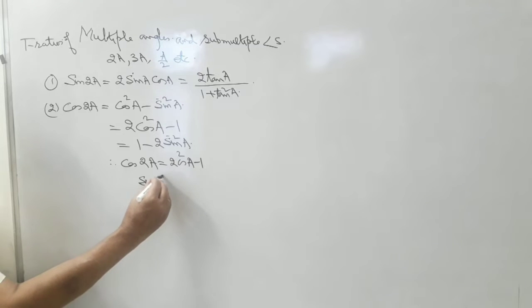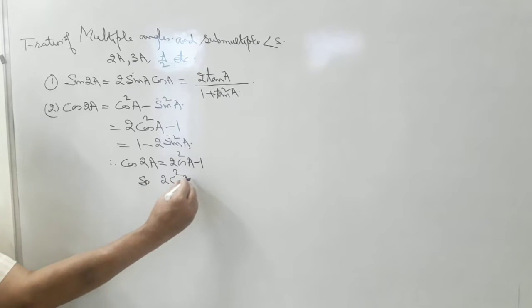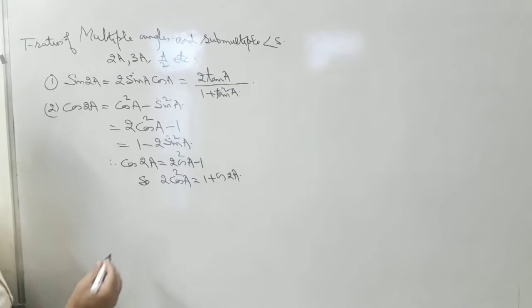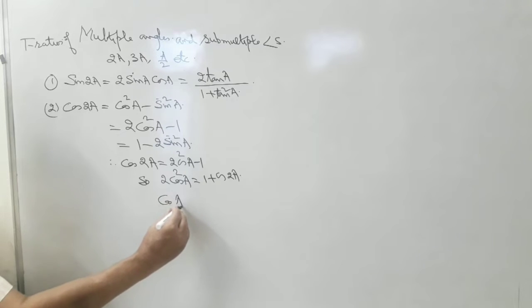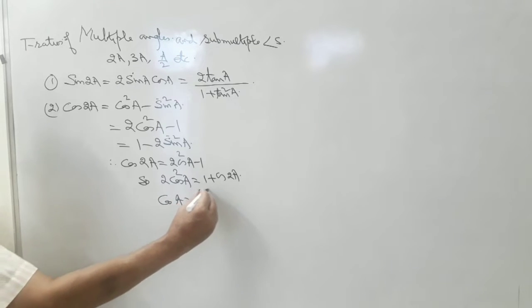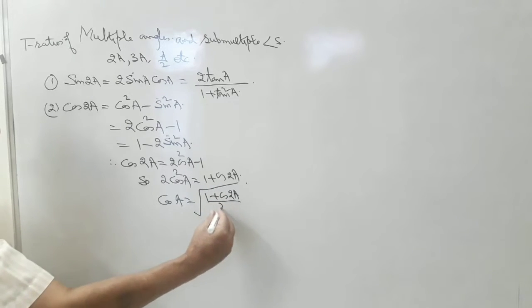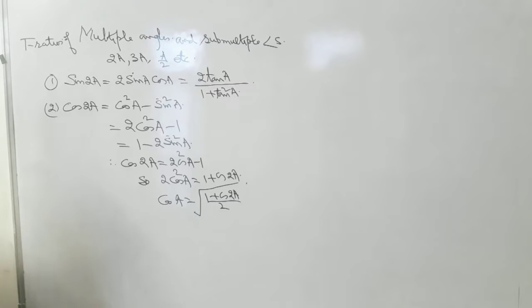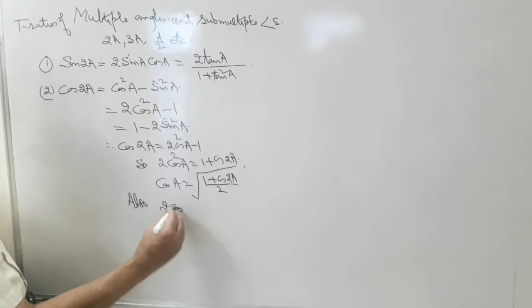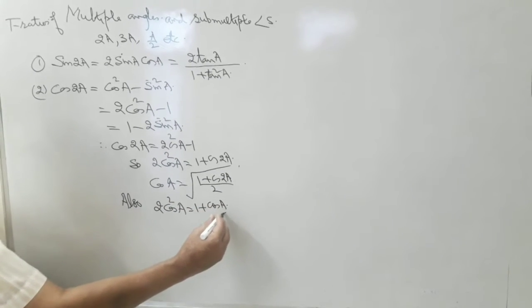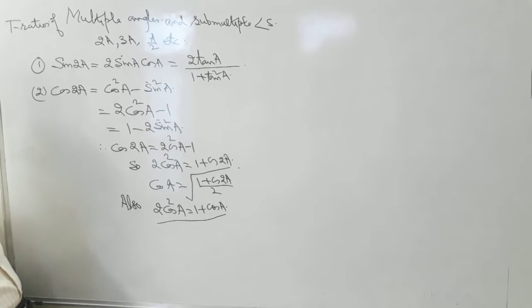So 2 cos square A is 1 plus cos 2A, or cos A is equal to under root of (1 plus cos 2A) upon 2. Sometimes it is used like this. Also, 2 cos square A is equal to 1 plus cos 2A. Very important, in the form of a corollary, you can remember it.